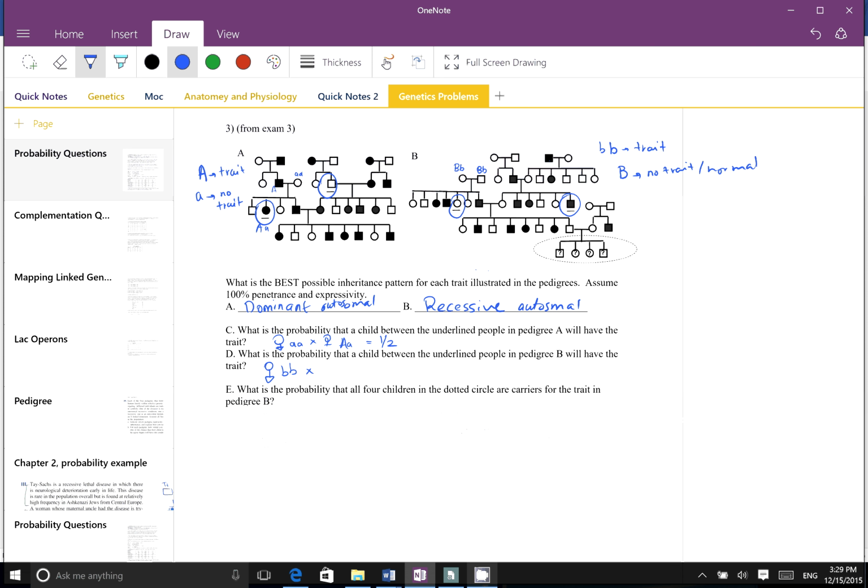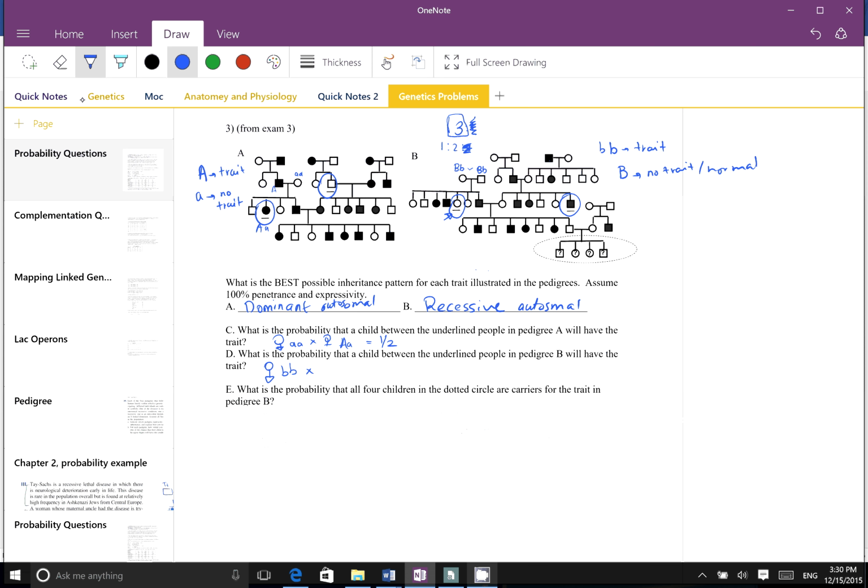And so if I have het and het, the ratios that I know of is 3:1, and the mother, the one I'm looking at, falls in the 3 category, so I don't care about the 1 category. And then the genotypic ratio is 1:2:1. So 1 again represents someone that has the trait, and the mother does not have the trait.